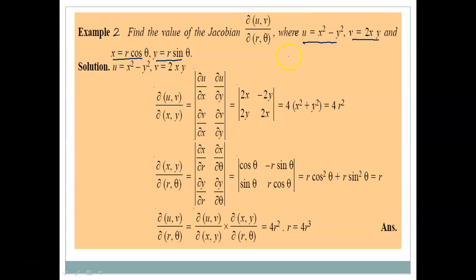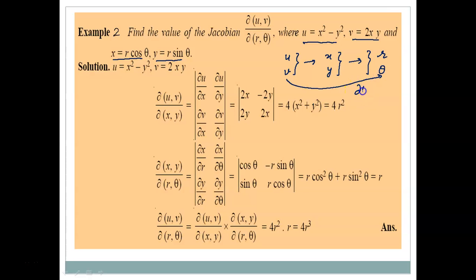So obviously you can see the transformation is like that. We are transforming the variables u, v in terms of x and y, so u, v to x, y in fact. Then x, y are further given in terms of two variables r and θ. So you want to find the Jacobian of this transformation u, v to r, θ.